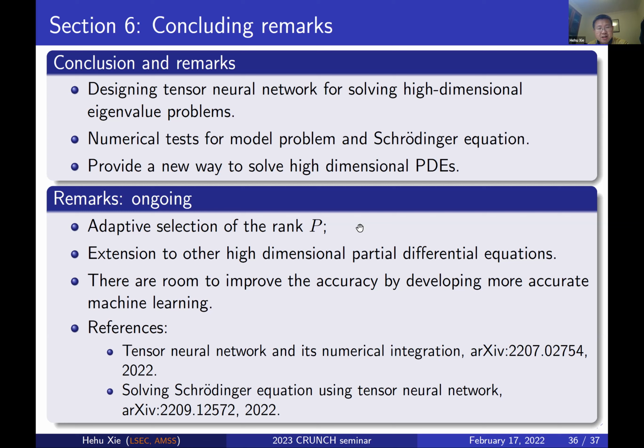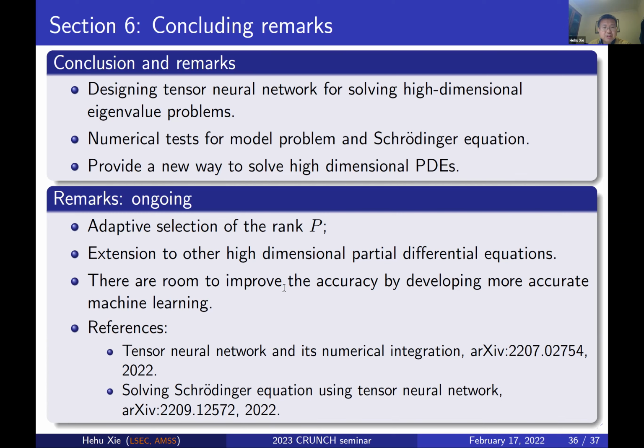For this, we need to do some research about the a posteriori error estimates for the TNN-based machine learning method. And we also need to develop a more accurate machine learning method to couple with a more accurate high-dimensional integration for the TNN.